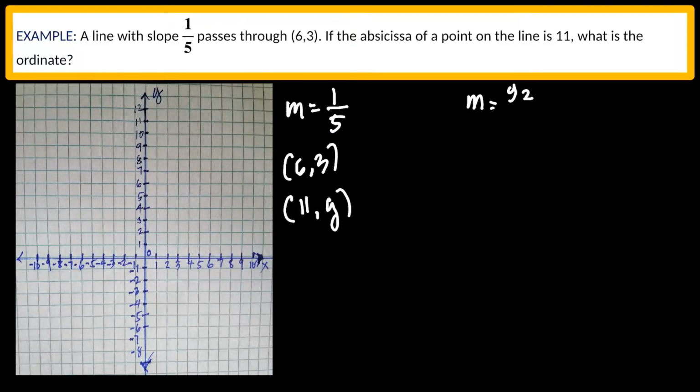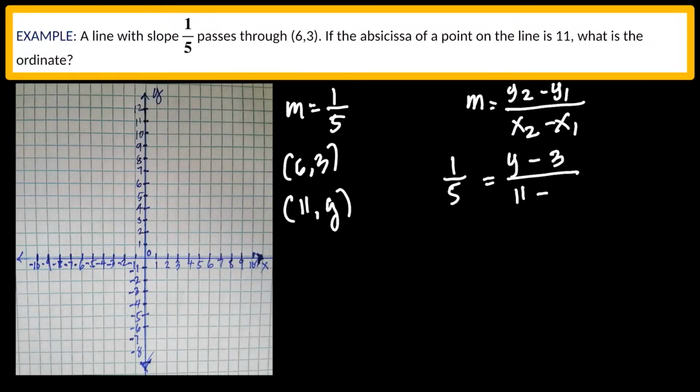Now slope is simply y sub 2 minus y sub 1 over x sub 2 minus x sub 1. And the slope is given, which is 1/5. And we have the y sub 2, which is y, minus y sub 1 is 3 over 11 minus 6. Alright, so this will give us 1 over 5 equals y minus 3 over 5.